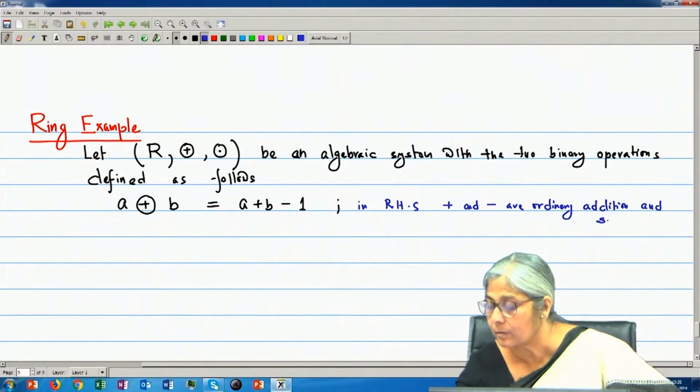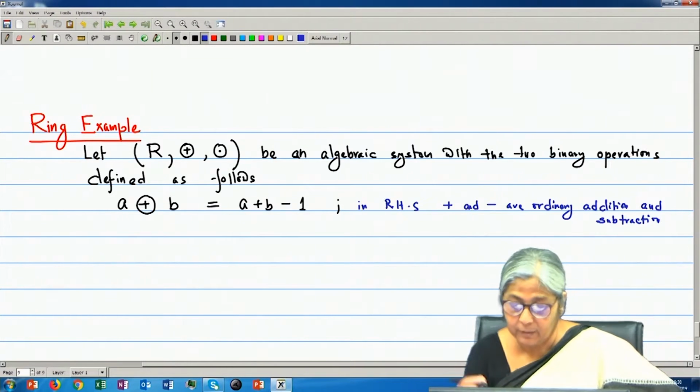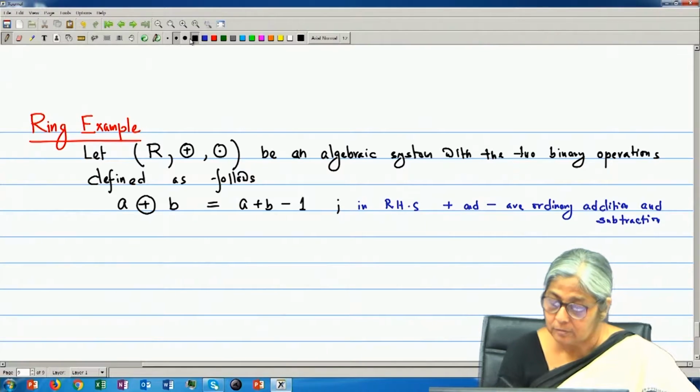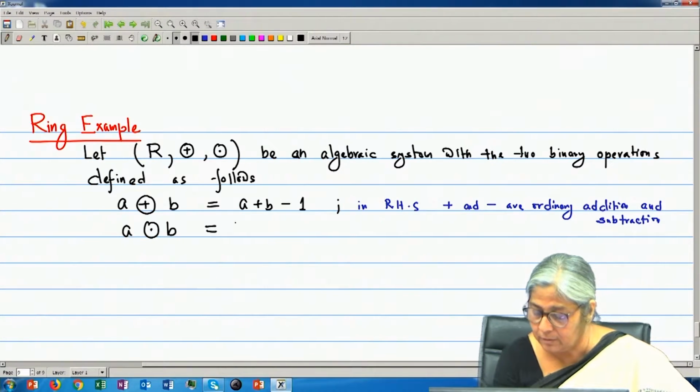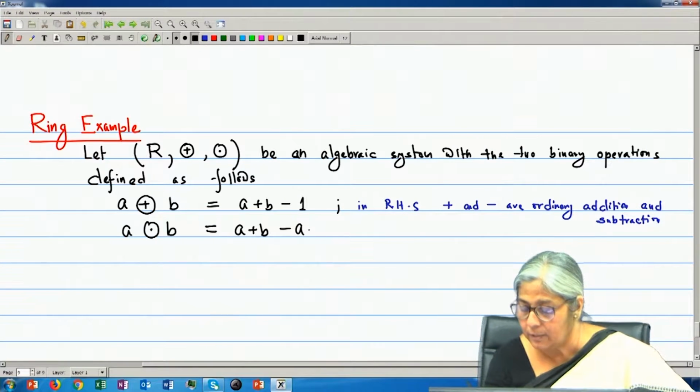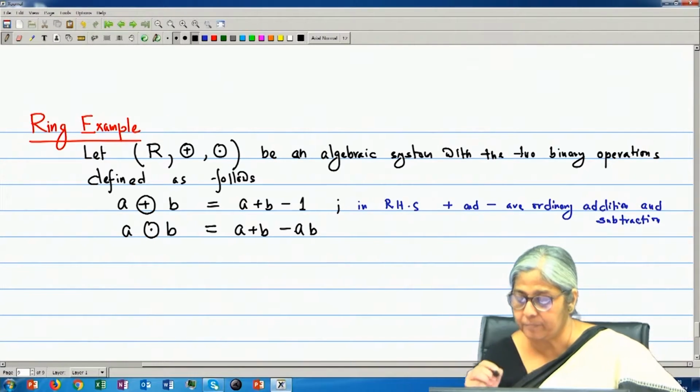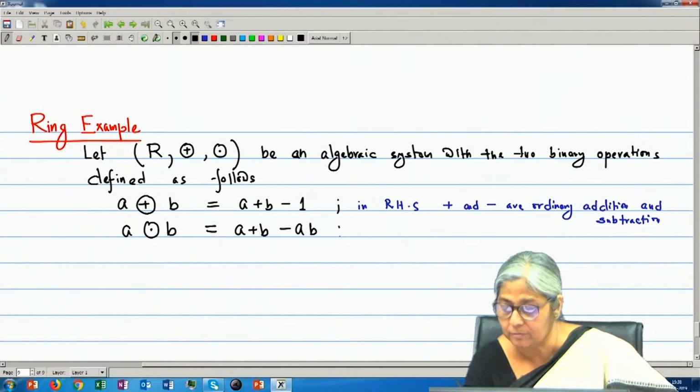And the multiplication we define a ⊙ b = a + b − ab, where ab means ordinary multiplication.